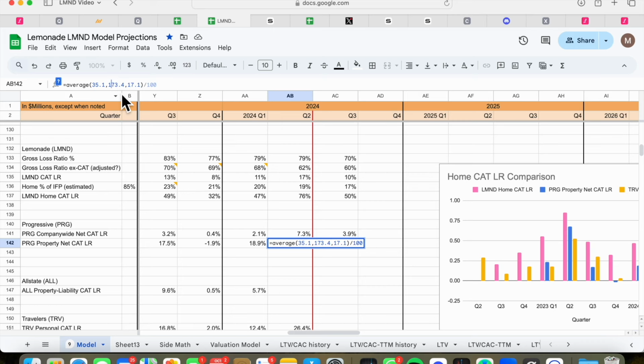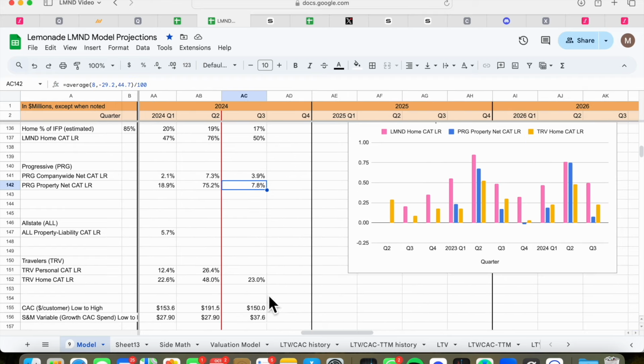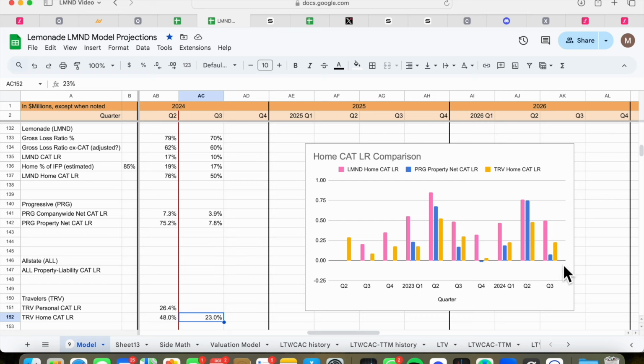Even if you look at the three-month results for Progressive, you can see the middle month of the quarter is 173%. So massive fluctuations in this end result number. And then Travelers Insurance released their Q3 catastrophic effect on their loss ratio for their home insurance product, and I plotted those out for Progressive property and Travelers home.